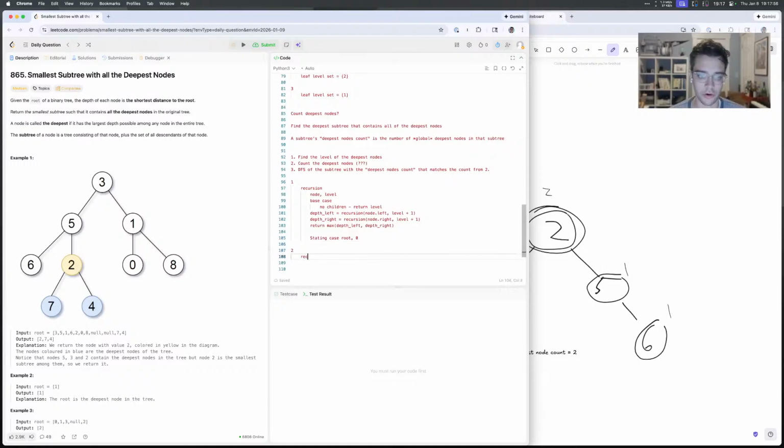So here, another recursion with node and level.